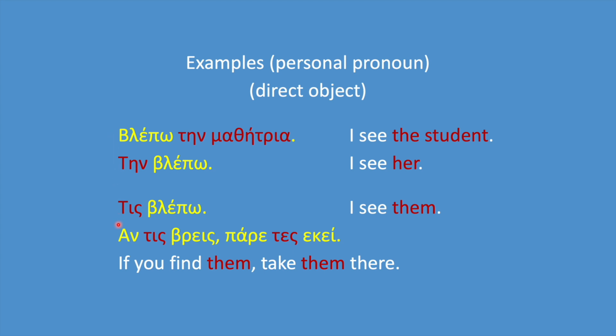So in all these examples, we have verbs that take a direct object. To see, to find, to take. Therefore, we use the accusative case, την in the singular and τις in the plural. But let's see what happens when you have a verb that takes an indirect object.